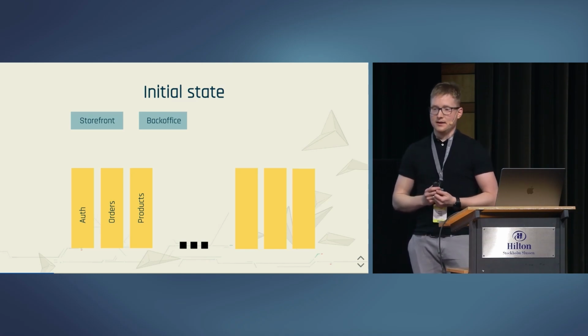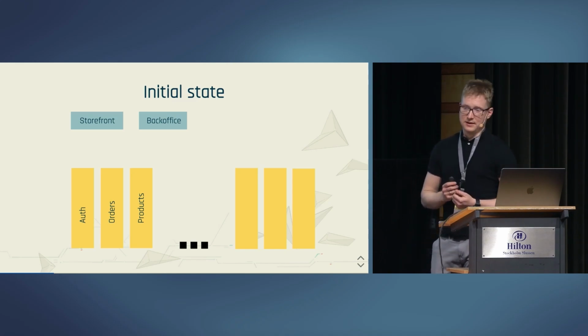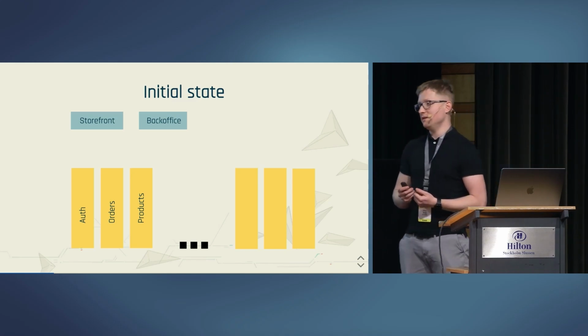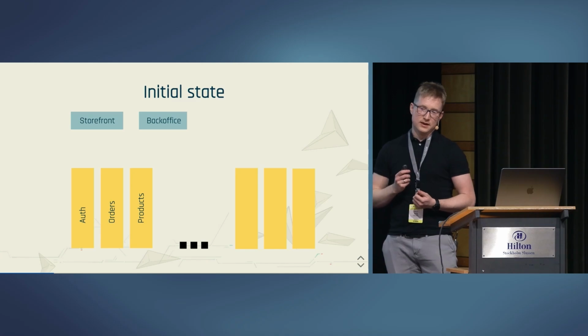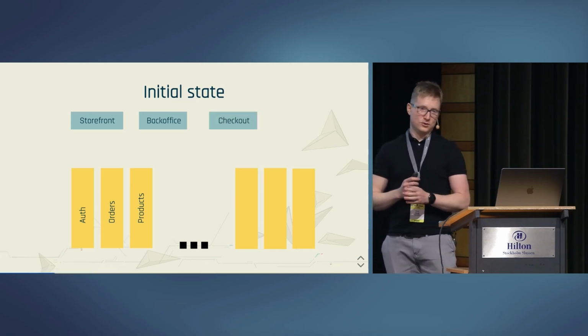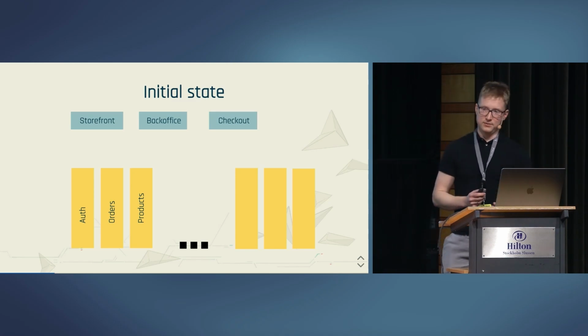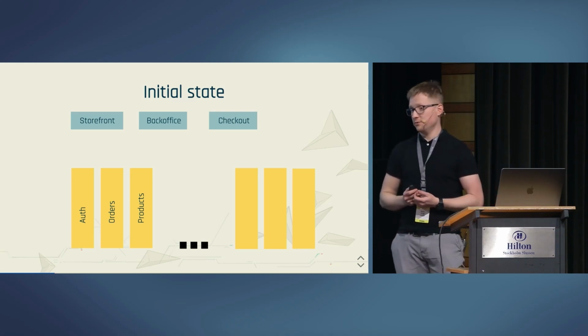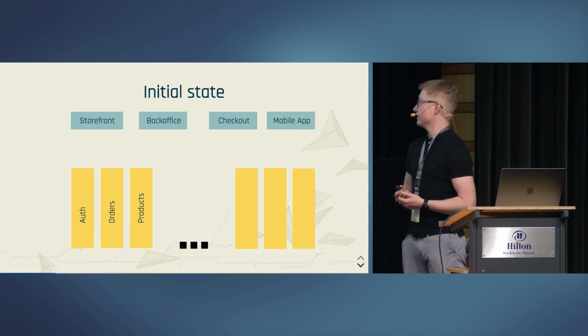But from the business, there is a new requirement that we need a new and shiny experience for a new checkout application. And it's a completely different beast from what we had before. So essentially, we need to spin off a new application. And also, there are some rumors about having a mobile app, because why not?